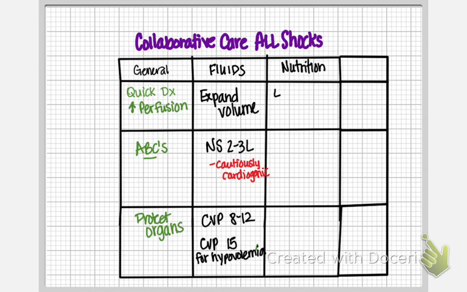And with fluids, again, maintain that CVP 8 to 12, and possibly even more for absolute hypovolemia. And then your nutrition, definitely feedings within the first 24 hours, and if the GI is not working, then they might need parenteral nutrition or even central parenteral nutrition.